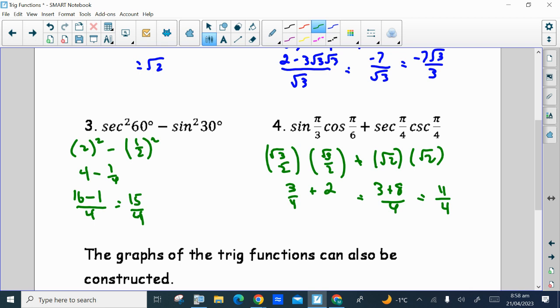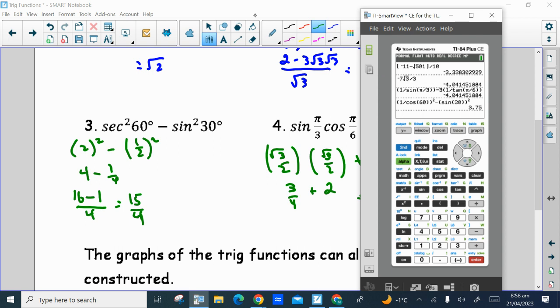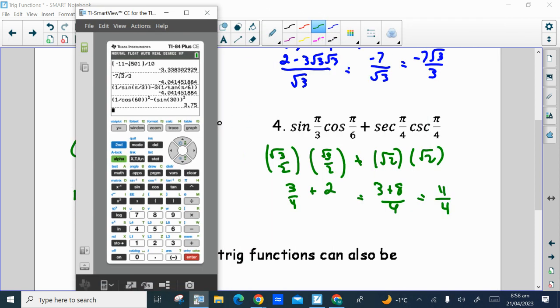11 over 4 is 2 3/4, which we can check on our calculator by changing our mode to radians. So we'll have the sine of pi on 3 times the cosine of pi on 6 plus, for the secant of pi on 4, we'll have to go 1 over the cosine of pi on 4.